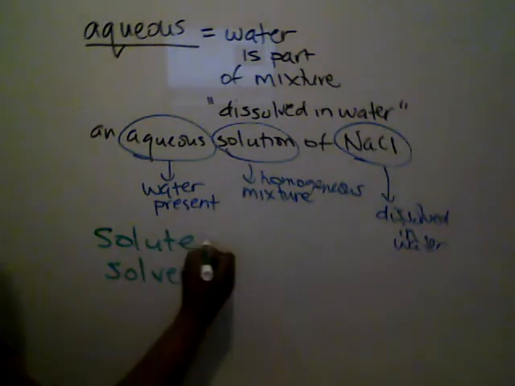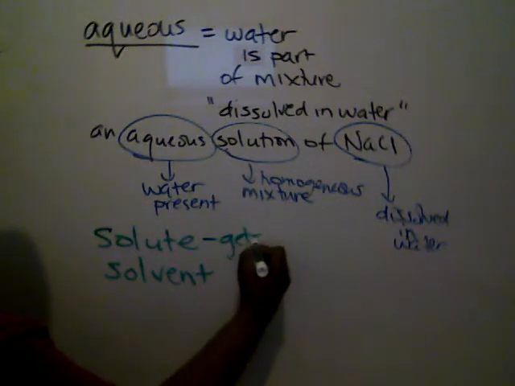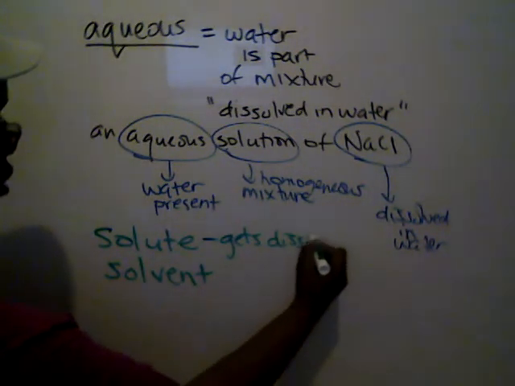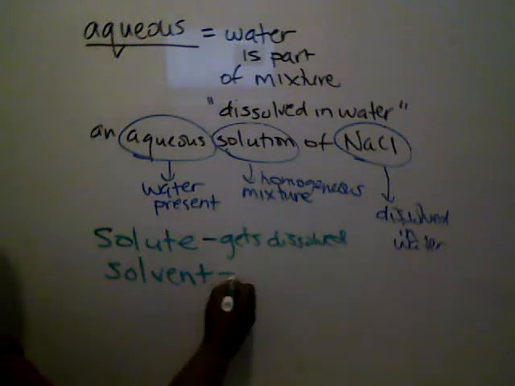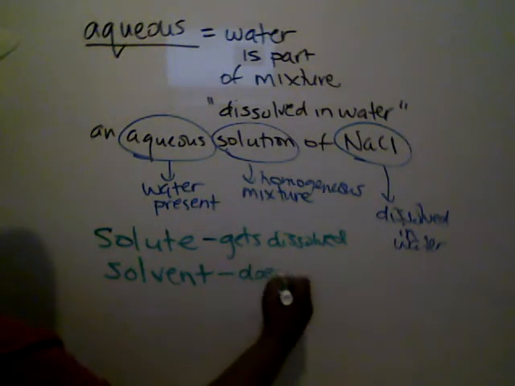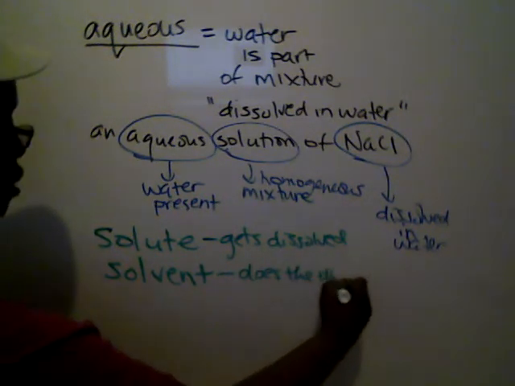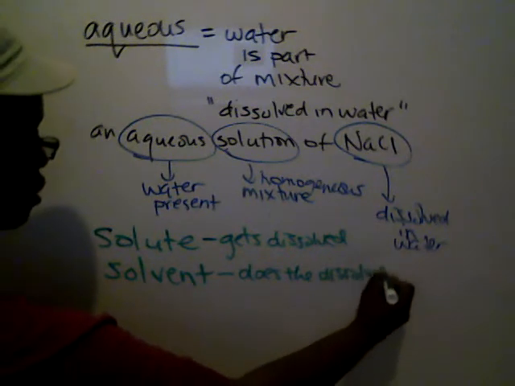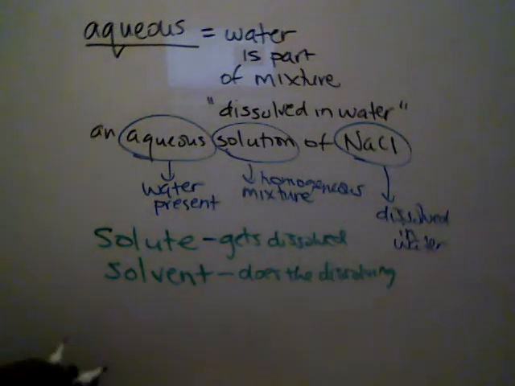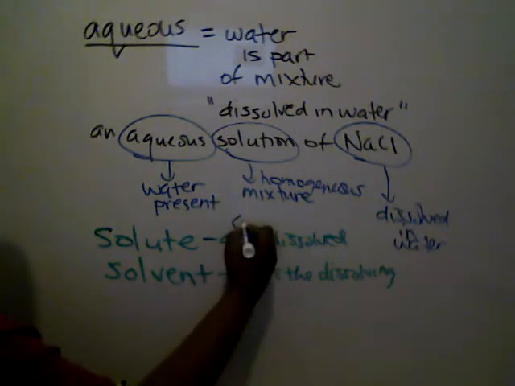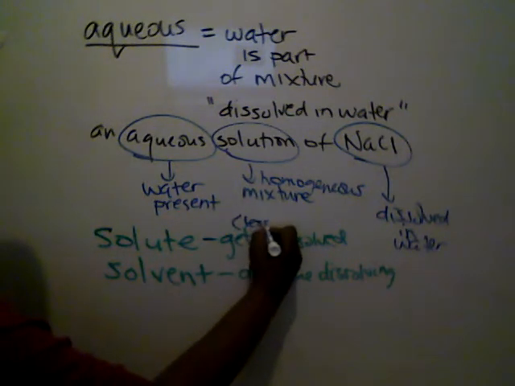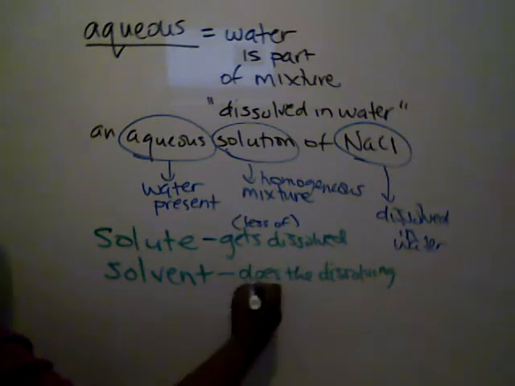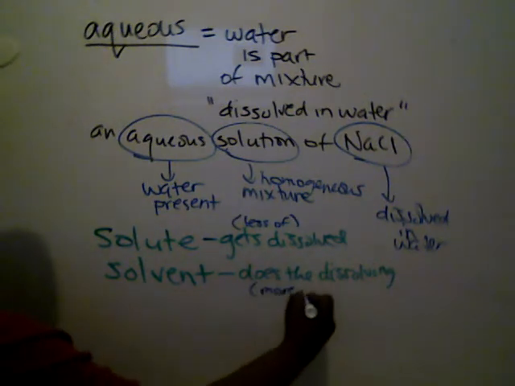The solute is what gets dissolved. The solvent is what does the dissolving. A more simplistic way to think about it: the solute is the one that you have less of, and the solvent is the one that you have more of.